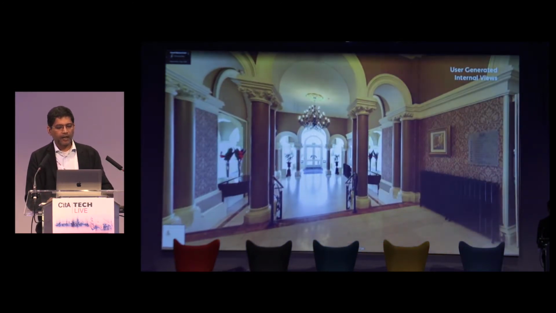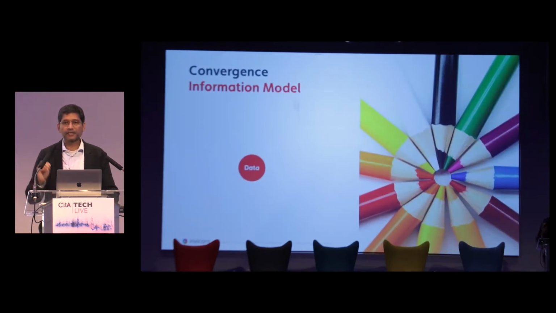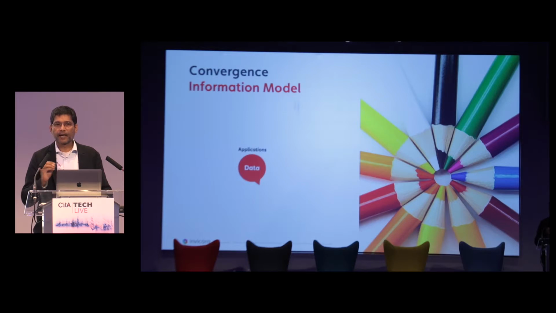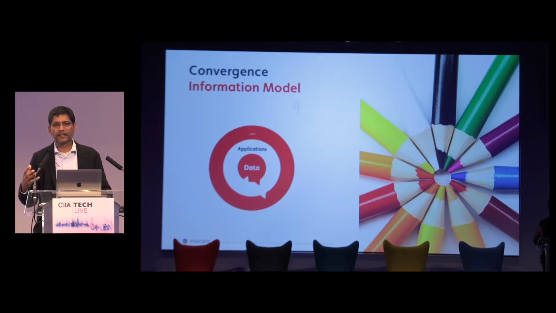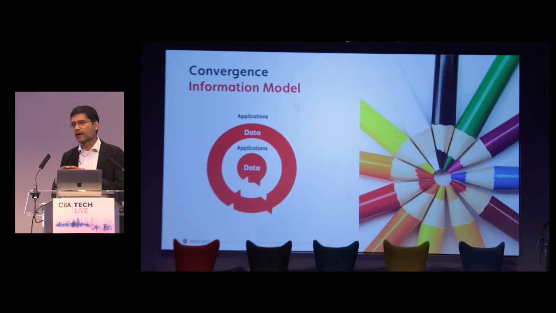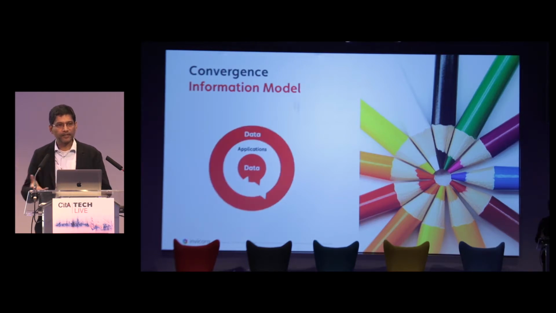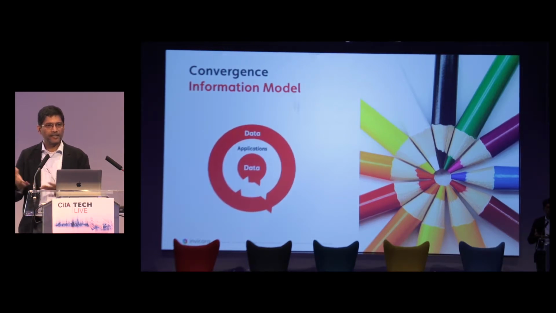If you think about it, all of that we just saw is convergence. It's convergence of information onto a platform. The interesting thing here is you bring data into a platform and allow applications to build on it. Those applications create new data, which allows more applications to be built on it. It's very interesting when you think about it.